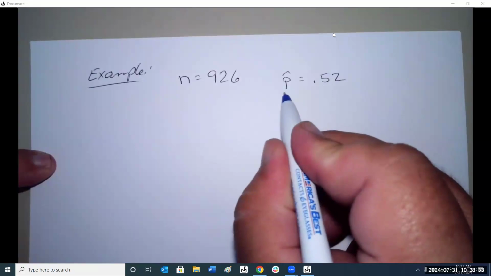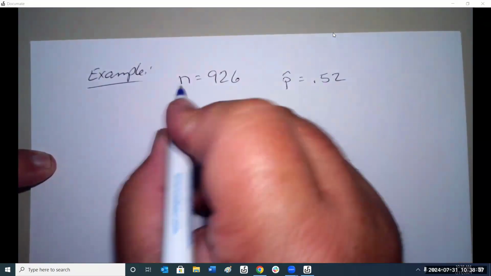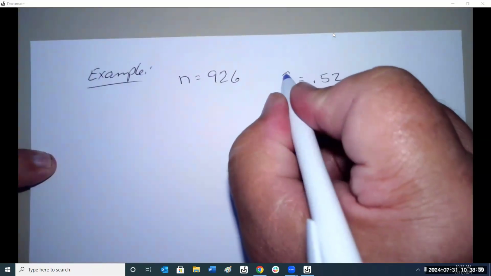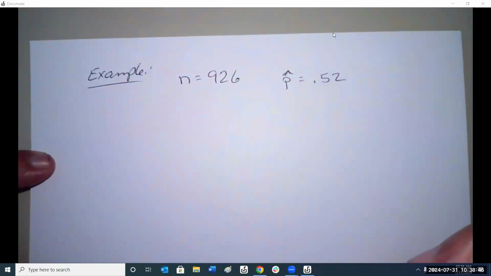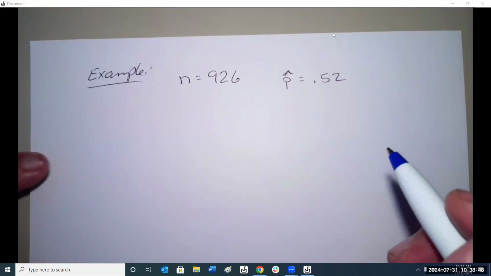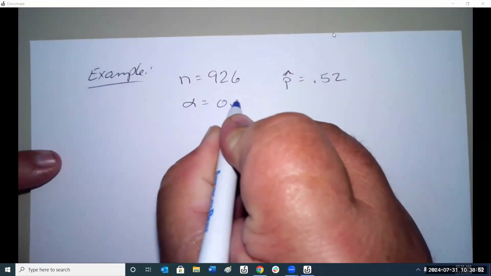What this says is that 52% of the people think we should use multiple factors of authentication. And we used an alpha of 0.05.